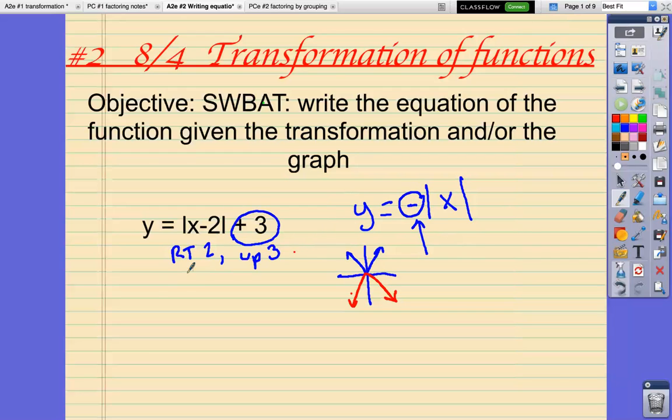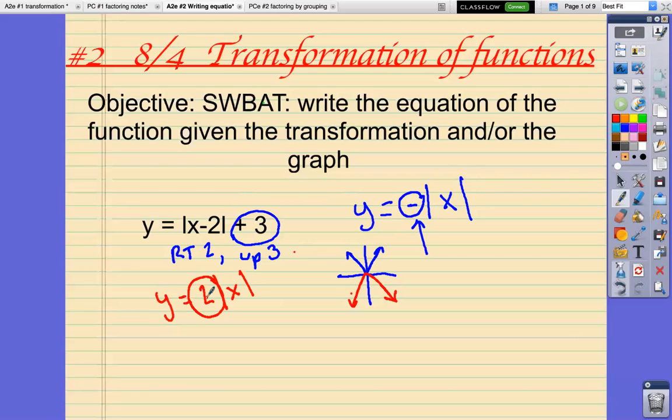Now, one last thing here. Anytime I have a coefficient, it's either being stretched or shrunk. That's just talking about how steep, how fast it goes up, or how wide it is. Remember, if that number being multiplied by the absolute value is greater than 1, it stretches it. It makes it bigger.